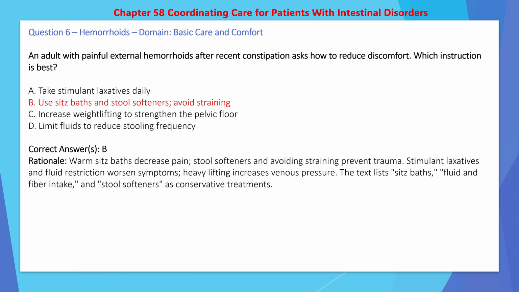Stimulant laxatives and fluid restriction worsen symptoms. Heavy lifting increases venous pressure. So the text lists sitz bath, fluid and fiber intake, and stool softener as conservative treatment.